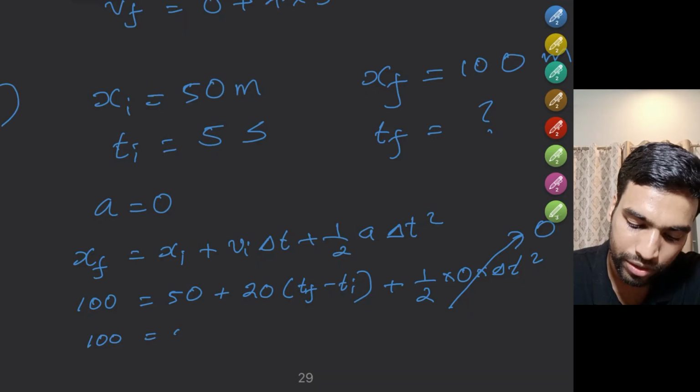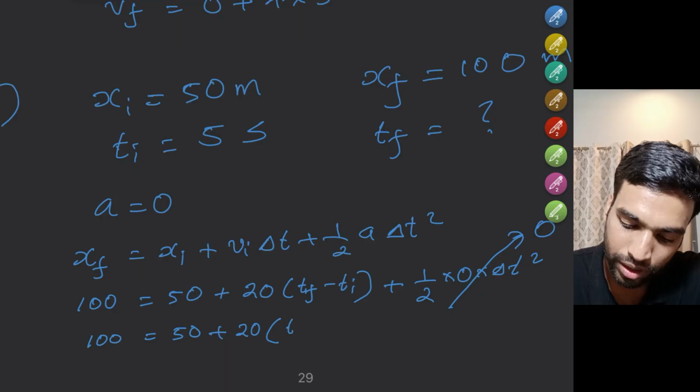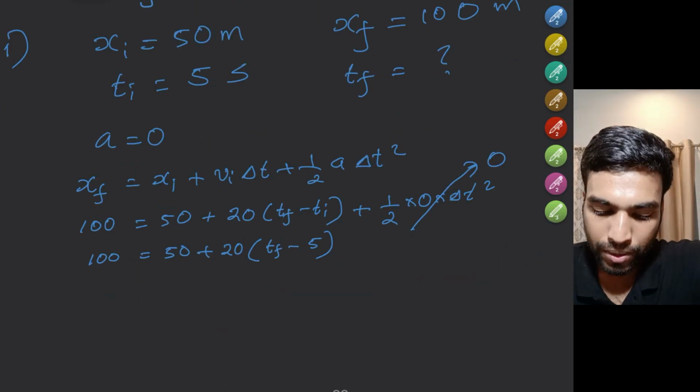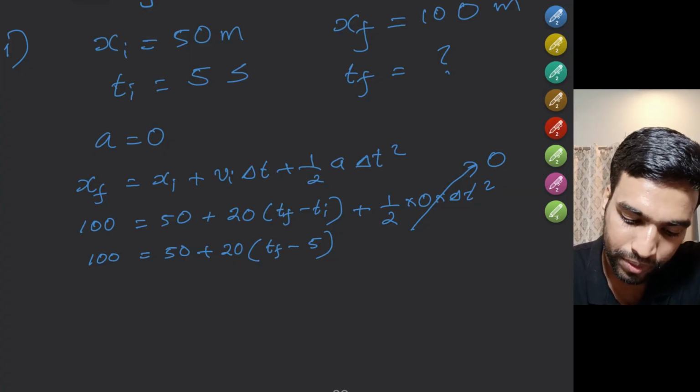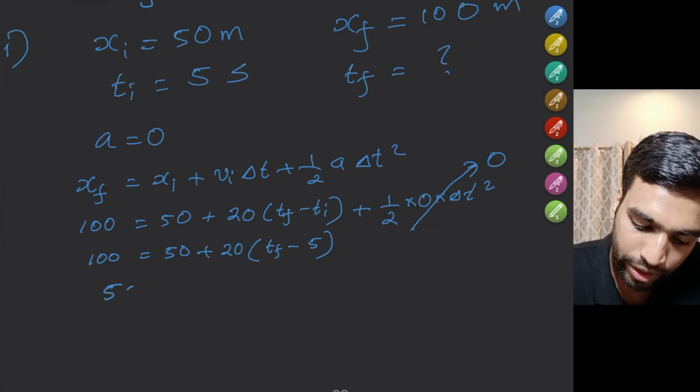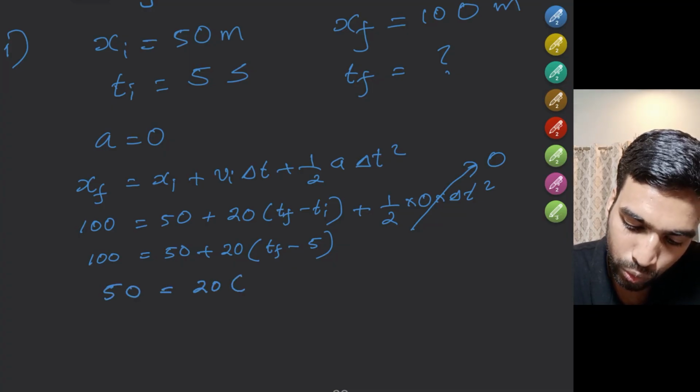So 100 equals 50 plus 20 into tf minus ti, which is 5. So 100 equals 50 plus 20 into tf minus 5, right? Now let's rearrange. 50 equals 20 into tf minus 5.